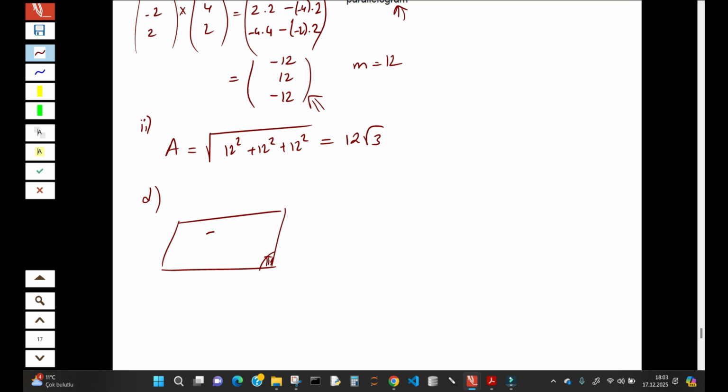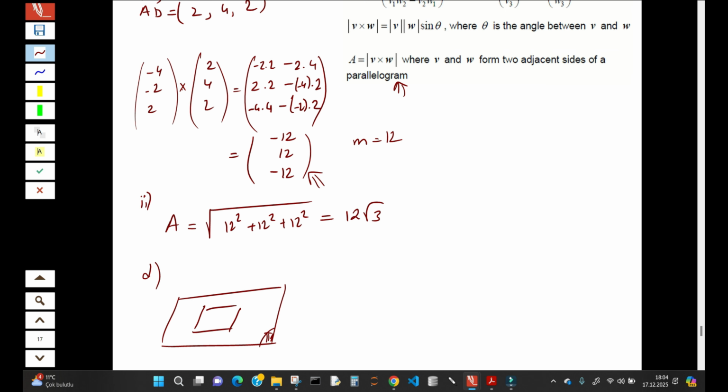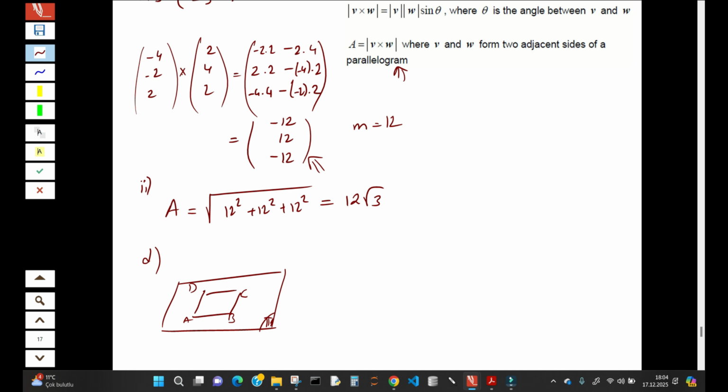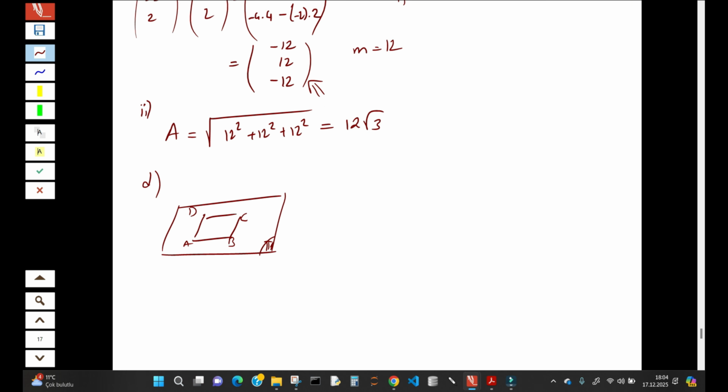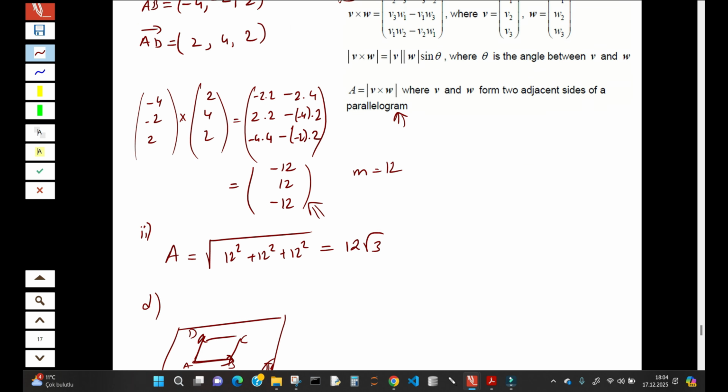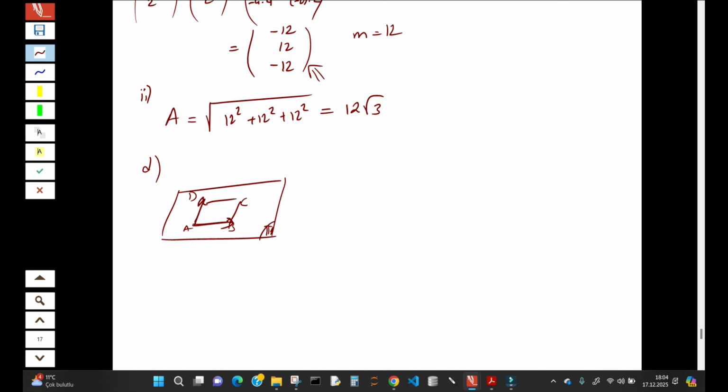In this parallelogram inside of this plane, we know the vector AB and the vector AD, and we found the cross product of these two vectors.